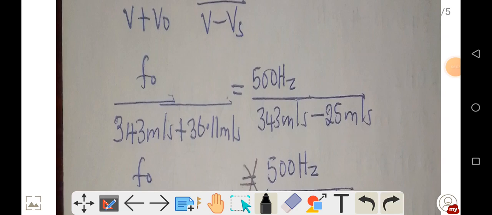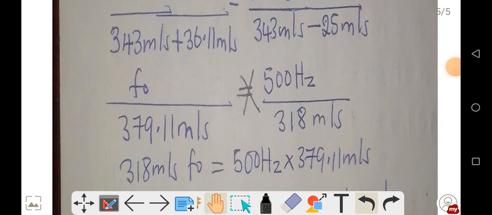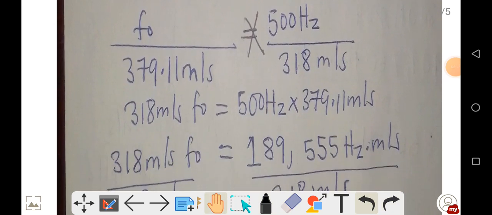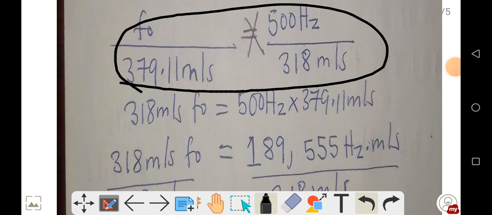So at this point, we can now calculate the frequency by the observer. We can do that by just doing the cross multiplication like we have shown here. So this is how we are supposed to do it.